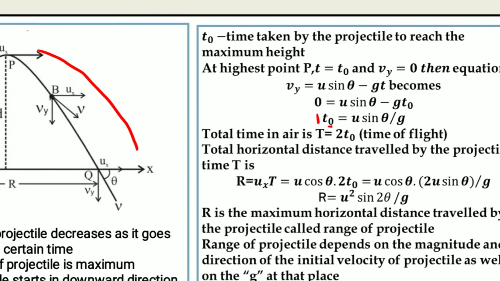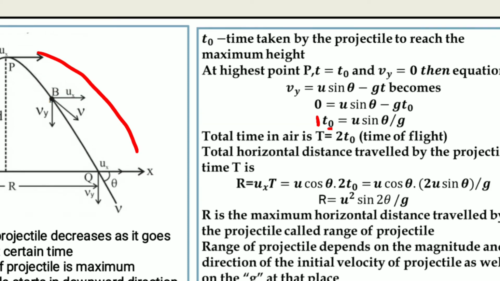So here u cos theta, and T0 is what? You have calculated before, that is 2u sin theta divided by g. So R is equal to what? u square sin 2 theta divided by g, since cos theta into sin theta gives sin 2 theta divided by g.